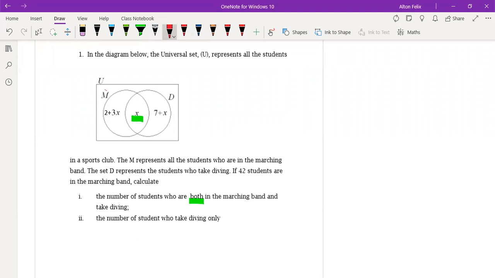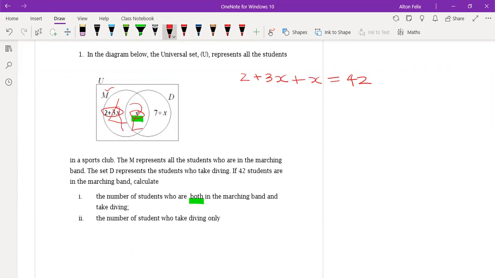So if this set M represents the marching band, then the entire circle represents 42 students. So we can set up that equation by writing 2 plus 3x, which is what is stated here, 2 plus 3x plus x equals 42.